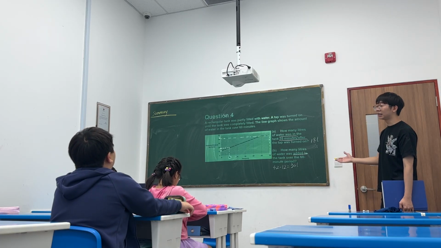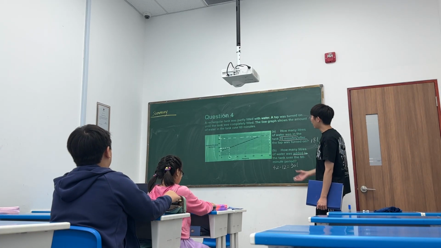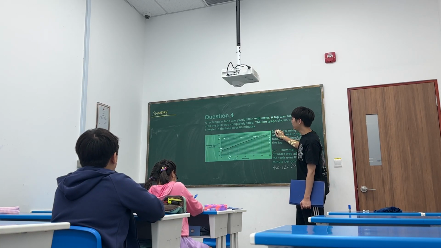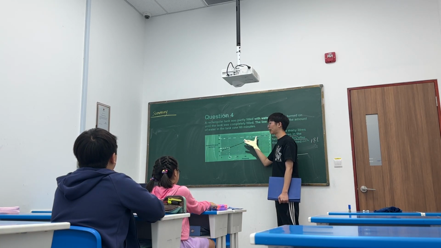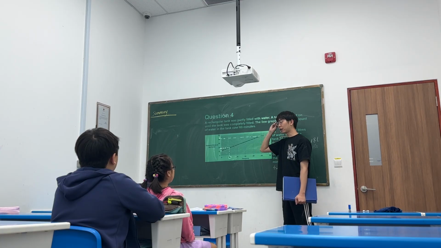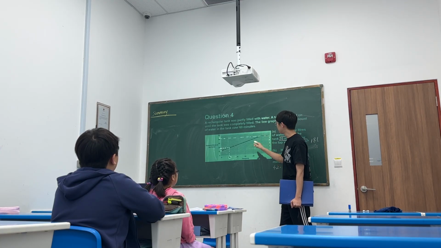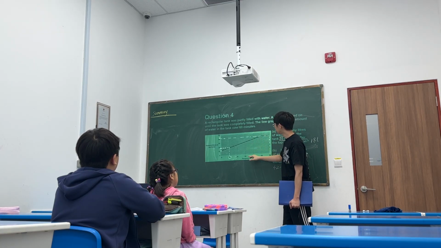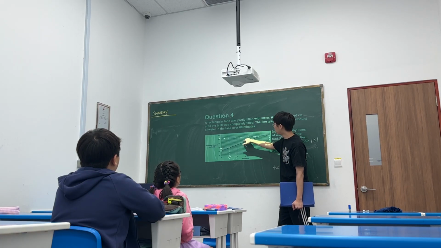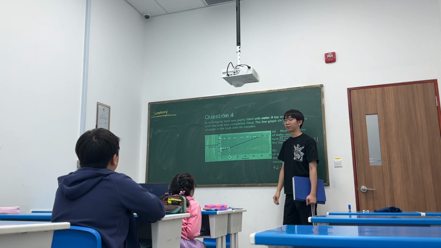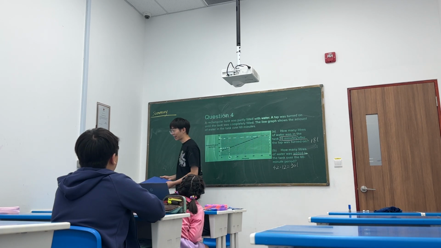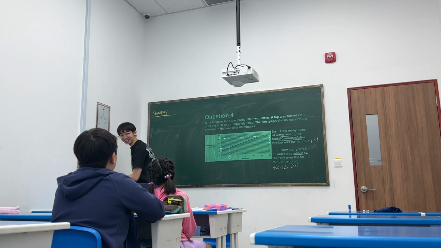Alright. So in this question, you will see that this is called a line graph, alright? This line represents the amount of water at any time. Now in this line graph, to find out the exact value in this line, first of all, you draw a vertical line and draw a horizontal line. So we call this the two-line method, okay? Two-line method.